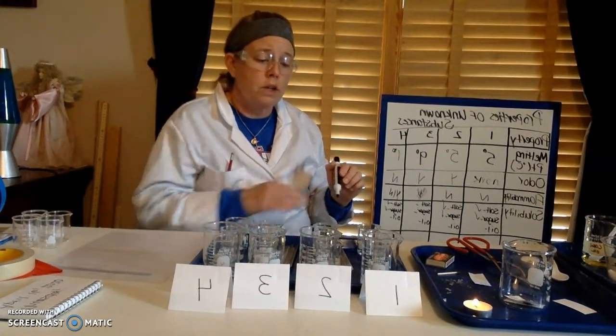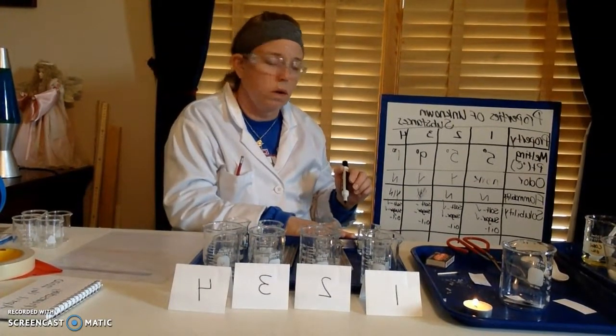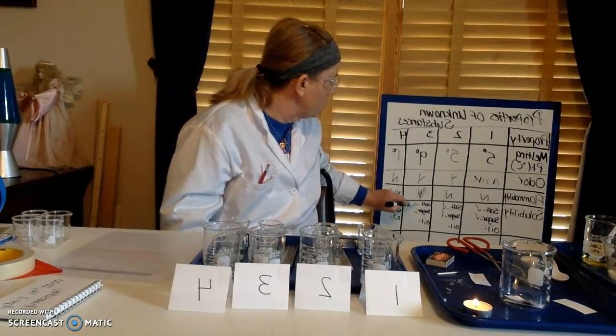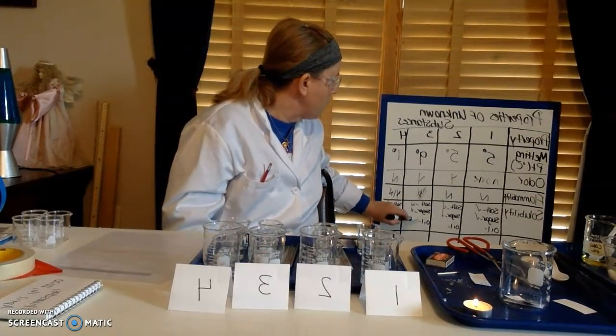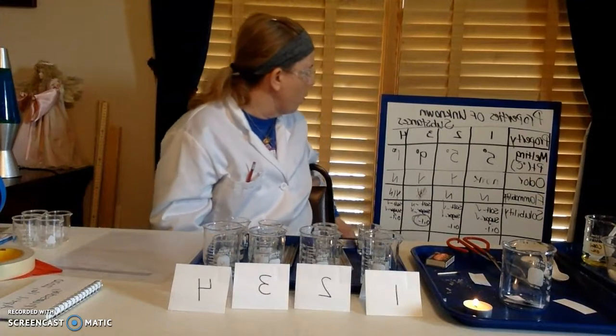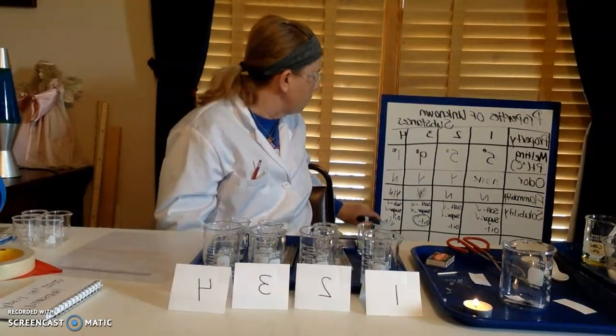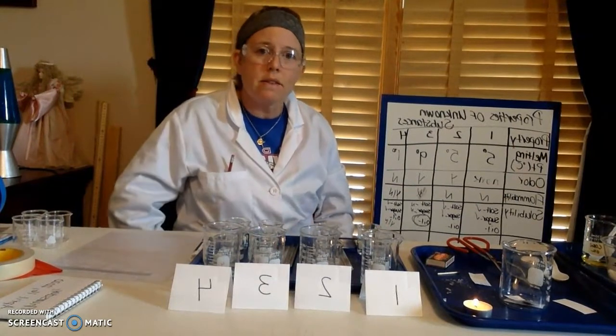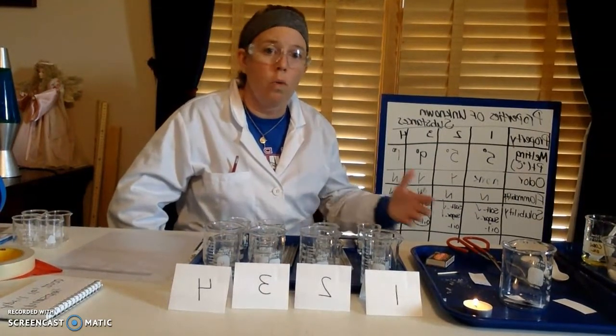However, 1 and 2 did not dissolve the oil. So the big picture here is these are no's, no marks. So I'll just put an N for number 3, but it did dissolve the oil. And this one was a yes and a no.